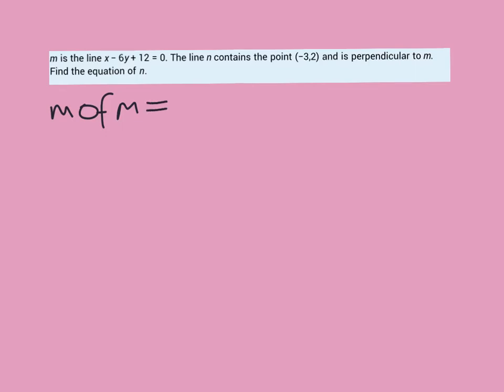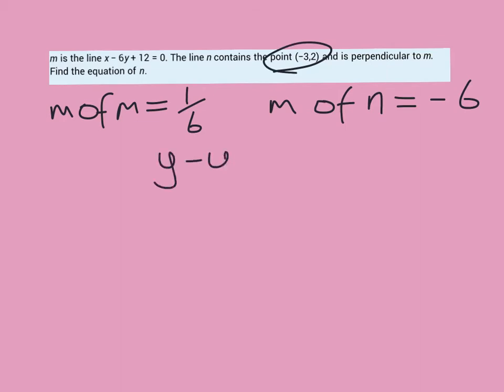Okay, so if the slope of M is 1 over 6, then I know that the slope of N is going to be minus 6 over 1, which is minus 6. And then we can use that and this point here to find our equation of the line. So y minus y1 equals m times x minus x1.